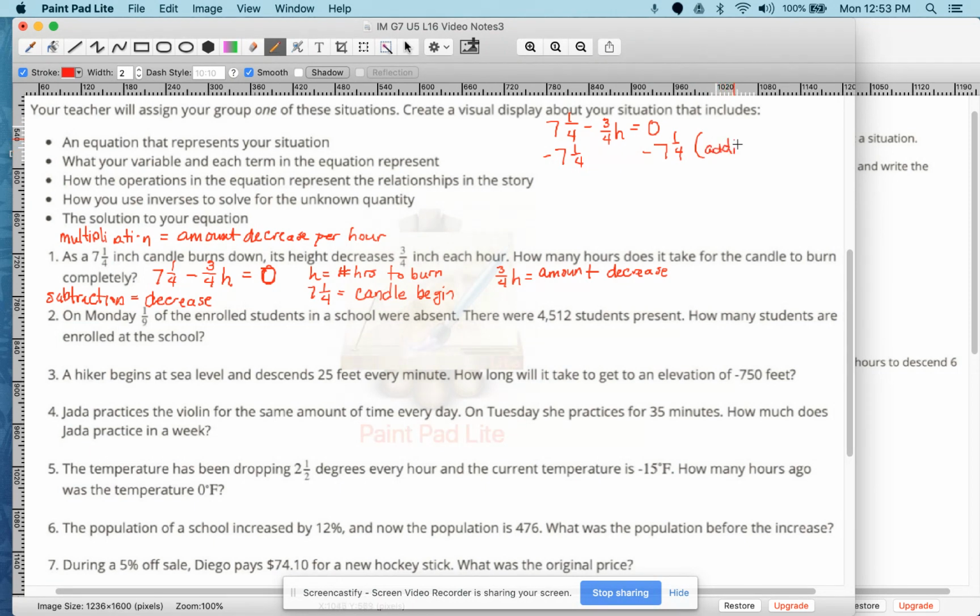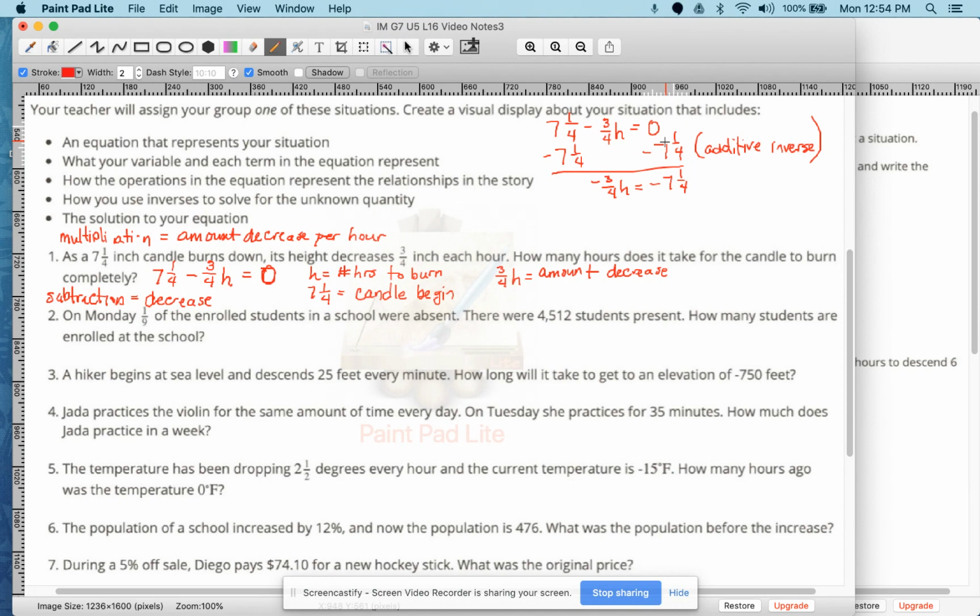You guys may have not heard this in a while, that term, additive inverse. And so what I have left over when I subtract that is negative 3/4 of an hour equals negative 7 1/4. So 0 minus 7 1/4 is negative 7 1/4.